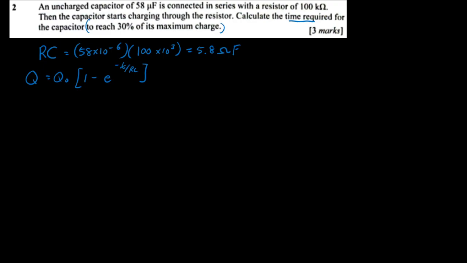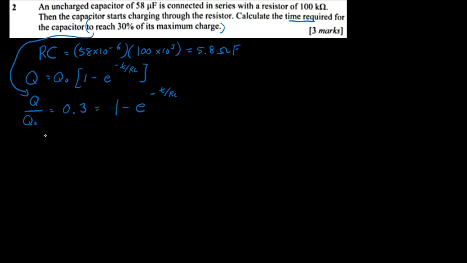Its maximum charge. So if it says to reach 30% of its maximum charge, we can convert this into an equation form to say Q over Q naught is equal to 0.3, right? And this number is actually equal to 1 minus e to the power of negative t over RC. Now, at this point, you'll see that the RC that we calculated earlier on comes in handy, right?